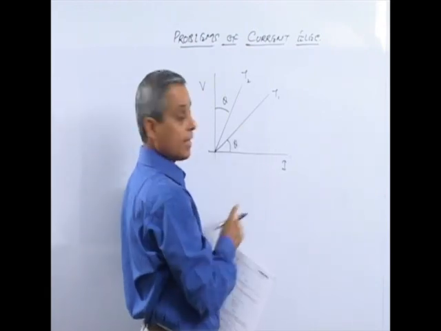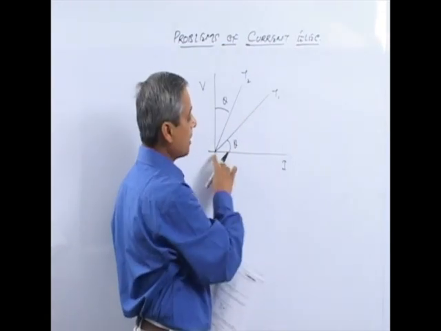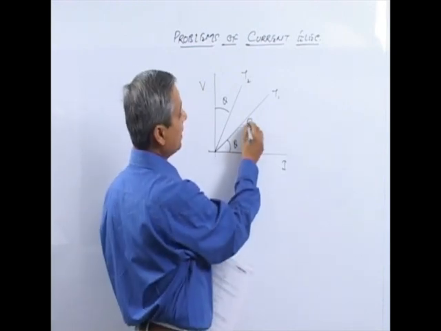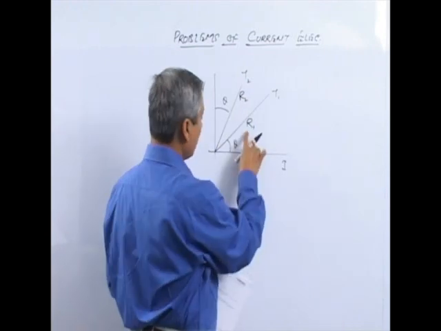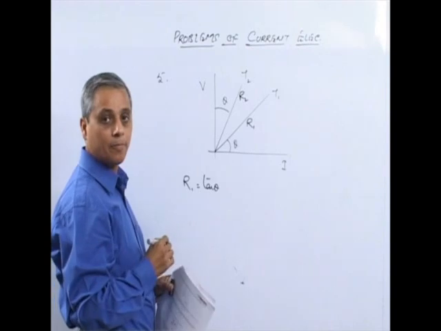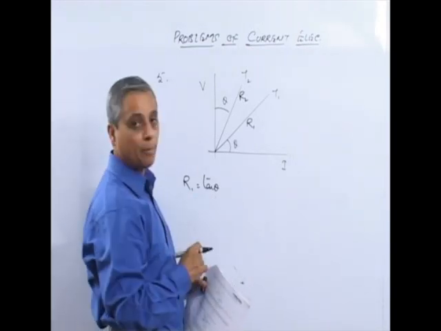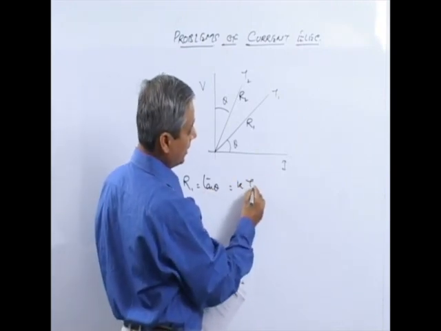So here in the first graph, the resistance of the conductor is the slope of this line, and that is nothing but tan theta. So if we say this resistance is R1, this resistance is R2, R1 is nothing but tan theta, and we know that resistance is proportional to temperature that way. So this is basically KT1.